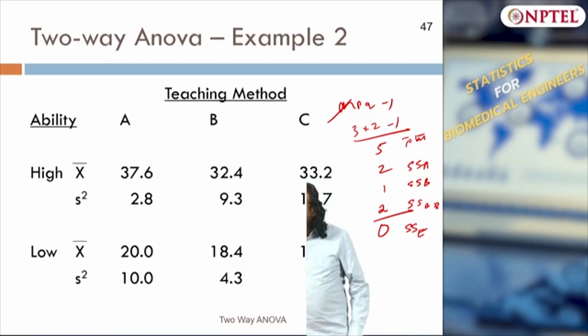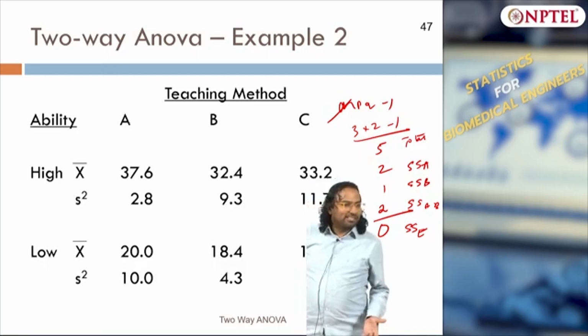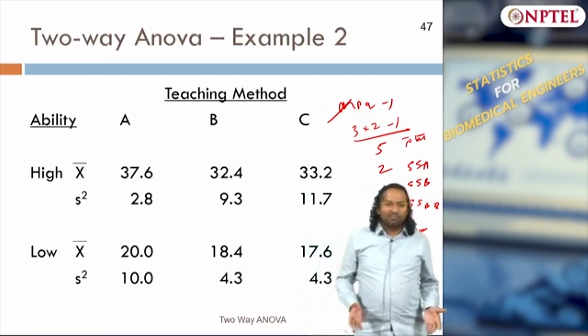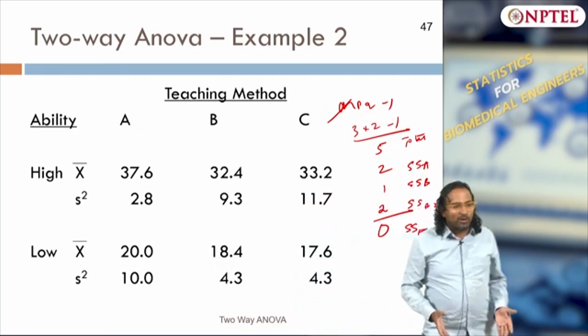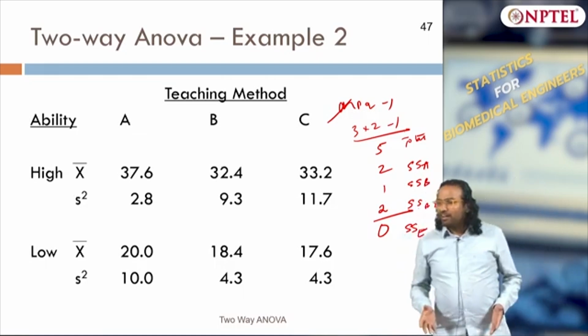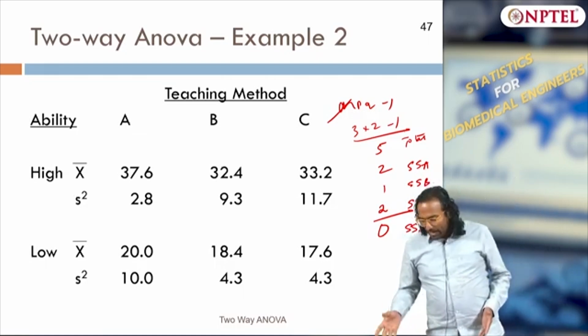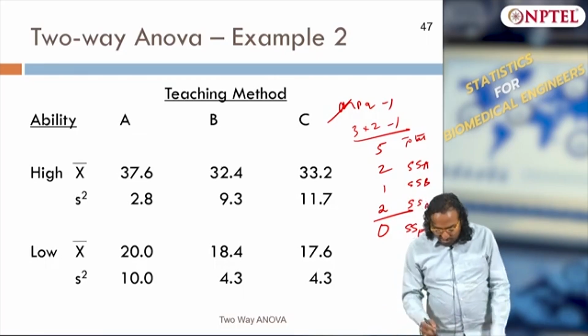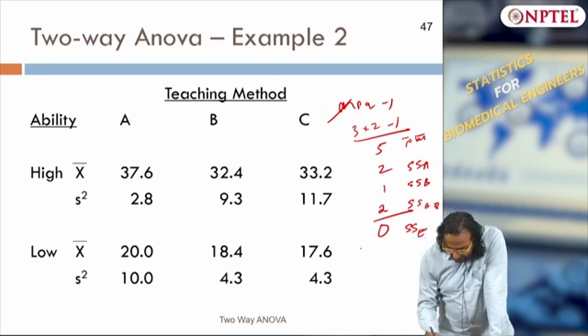What does it tell you? Replication is mandatory. Replication is not an option here. When you do factorial two-way ANOVA experiments, keep in mind replication is mandatory. It is not a difficulty, for anything it will be true.